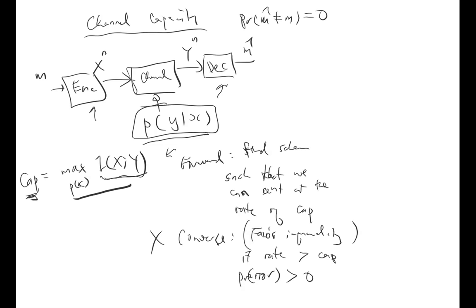So I will give a sketch proof for this. Before that, we want to maximize, because you want to send as much as possible, right? This is something you can adjust.